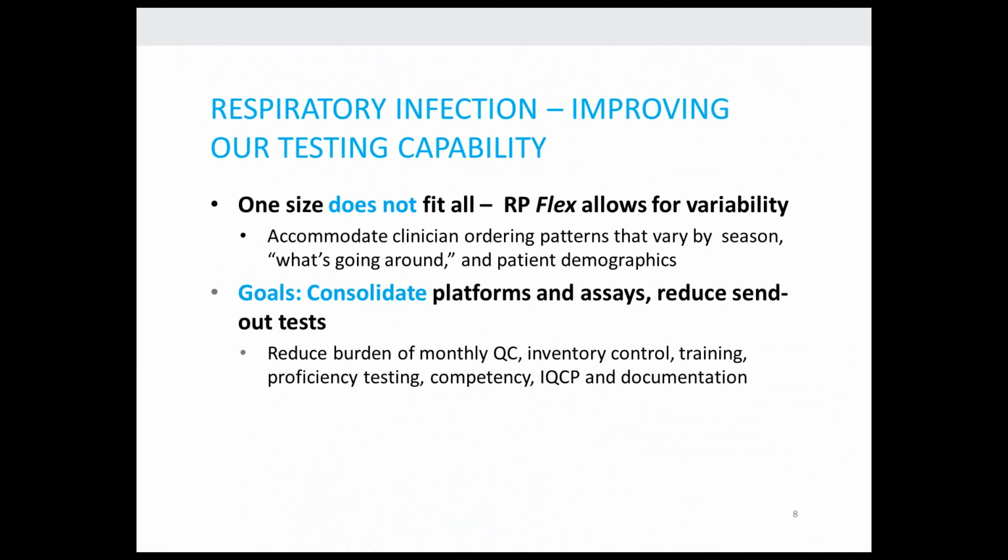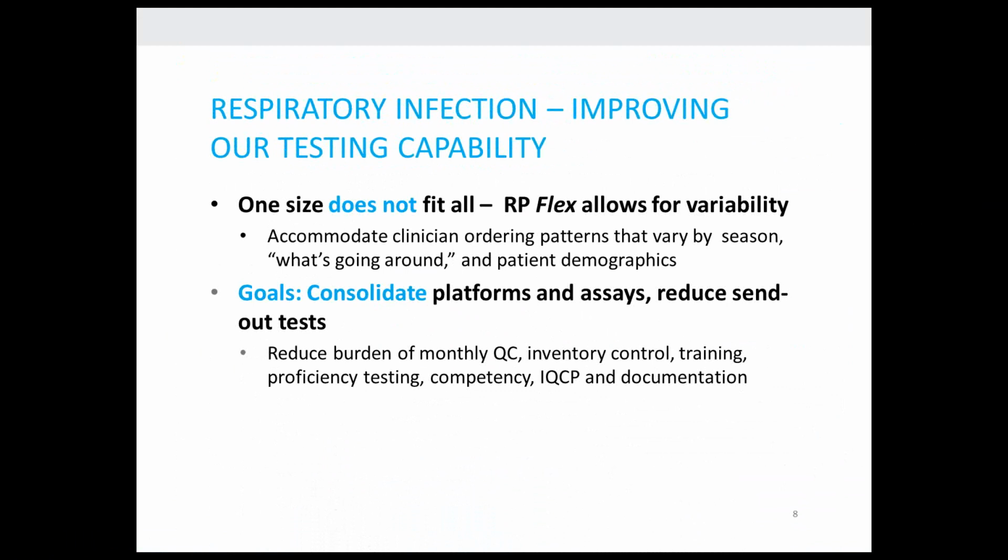So the goals were to consolidate platforms and the assays and reduce our send-out costs. So one benefit to that we really were happy about is that you can reduce the amount of monthly QC. It's easy to keep track of inventory control.